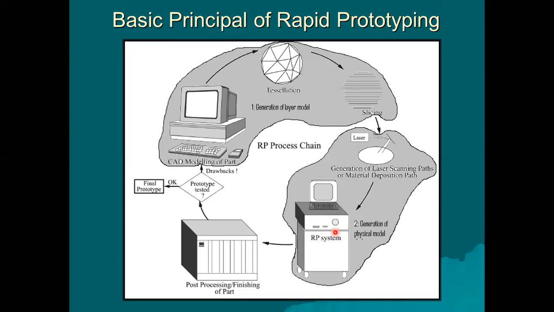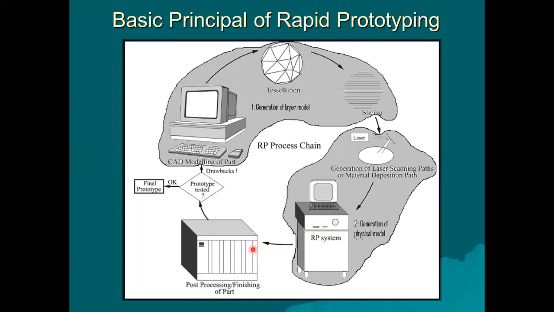Is it clear to everybody? Now this prototype will either be a complete prototype in itself that does not require any processing, or most of the time you need to post process it. Is it all right?